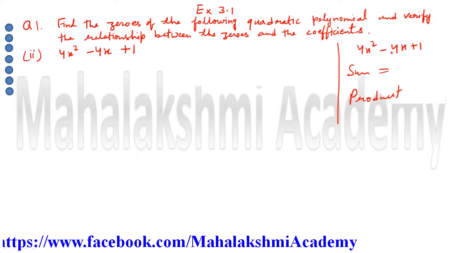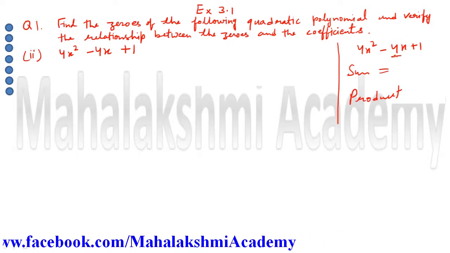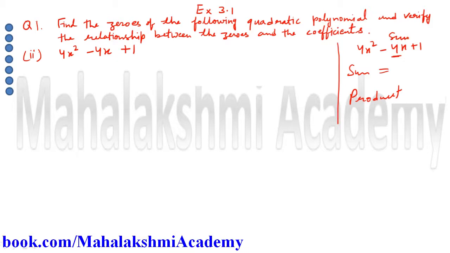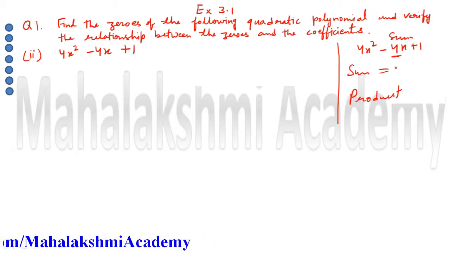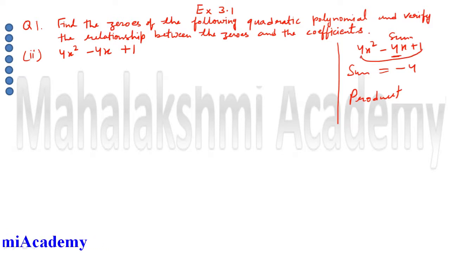The coefficient of x is named as the sum. So here the sum is minus 4, and the product is the product of extremes. The product of extremes is 4 multiplied by 1, which is 4. So what is the hint?